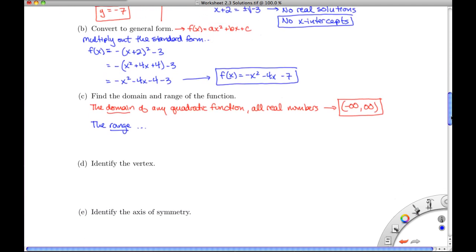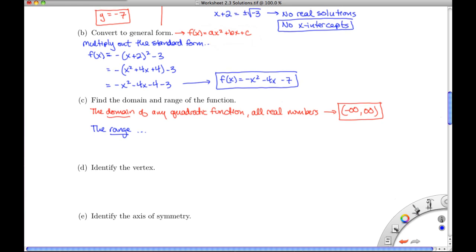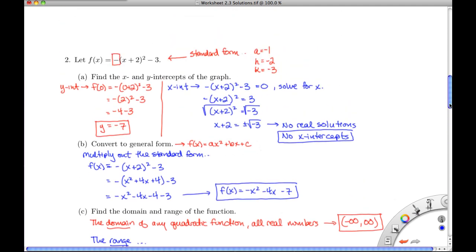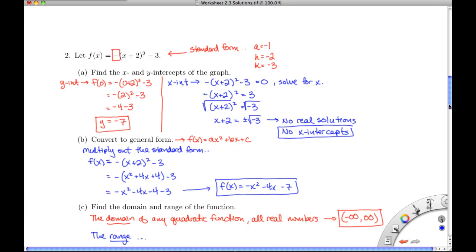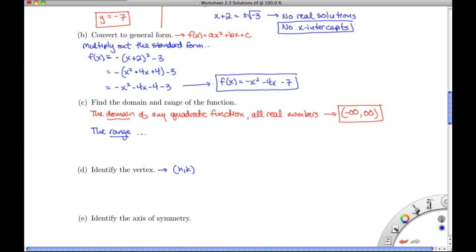Okay, so we need to identify the vertex. Luckily we know that the vertex is the point (h, k), given standard form. If you remember, I'm just going to scroll back up here. We've got standard form. We know that h is -2 and k is -3. So in this case, it's the point (-2, -3). So there's our vertex.